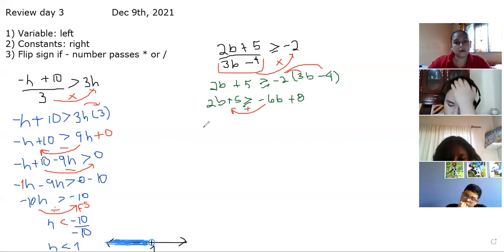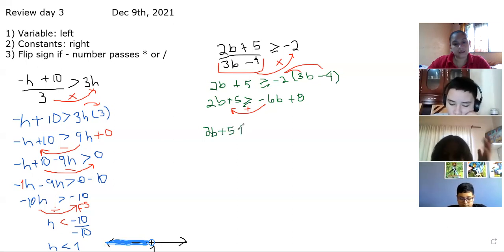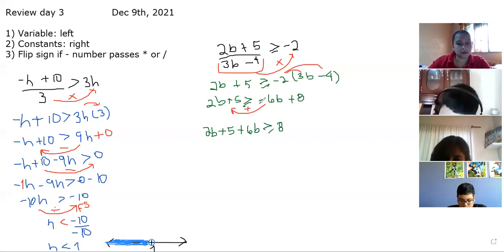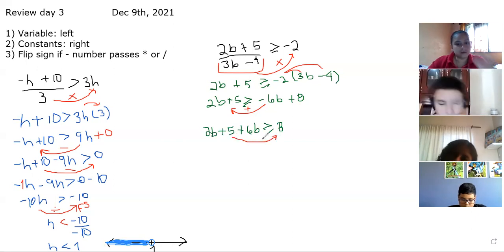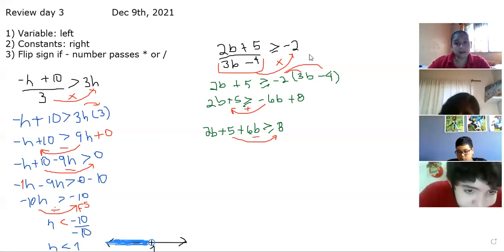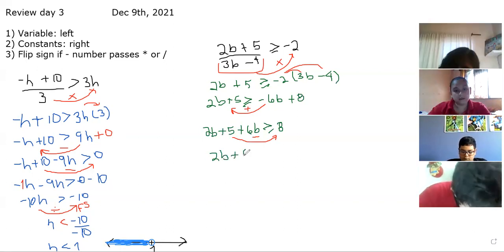So we're gonna have now 2b plus 5 plus 6b is greater than or equal to positive 8. Now I need to pass the constants to the right. So this 5 that is positive, how does it go to the other side? Negative, correct.